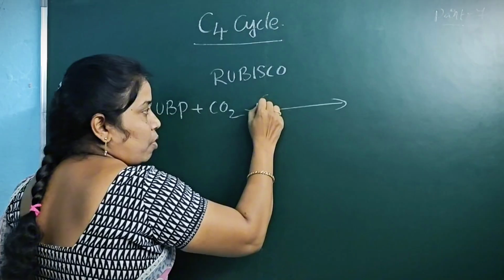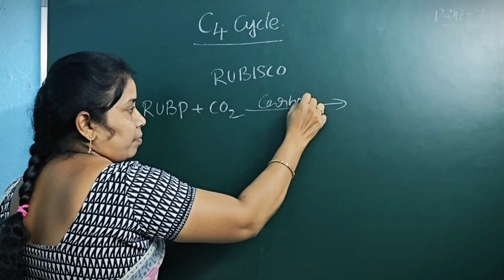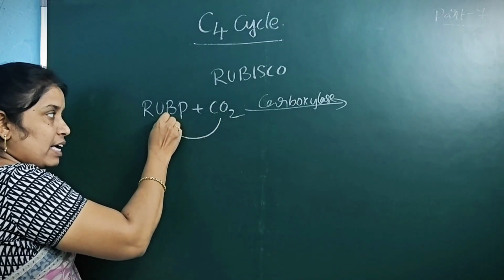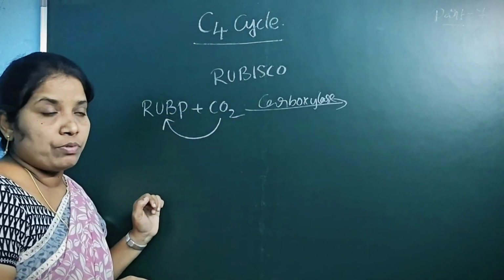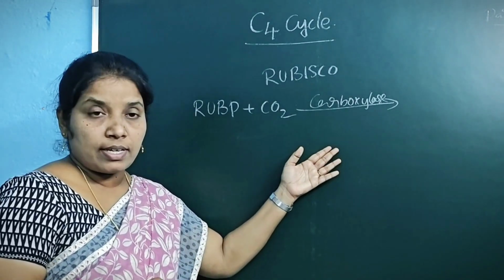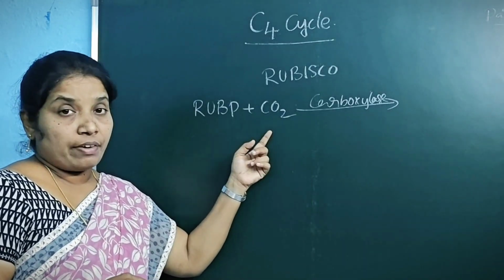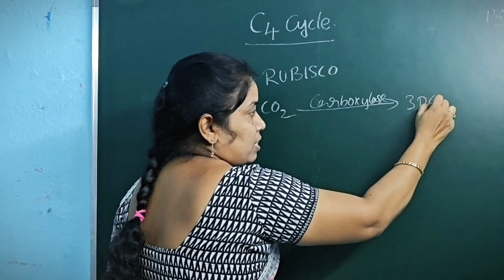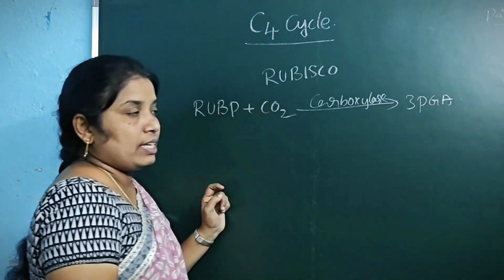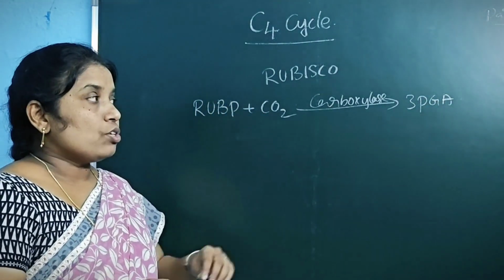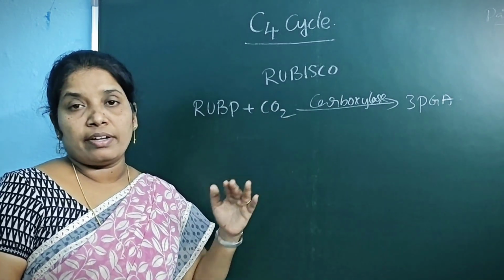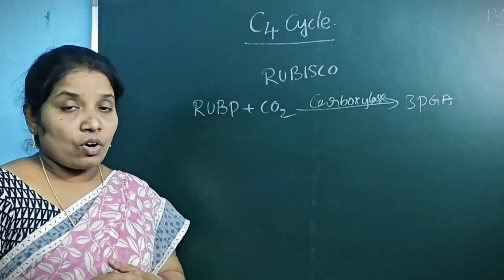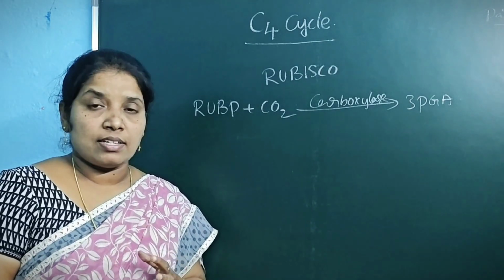It acts as a carboxylase and adds carbon dioxide to the RuBP, resulting in the formation of 3-phosphoglyceric acid. 3-PGA undergoes sequential reactions, resulting in the formation of sugars. In this way, in the dark reaction, sugars are synthesized.